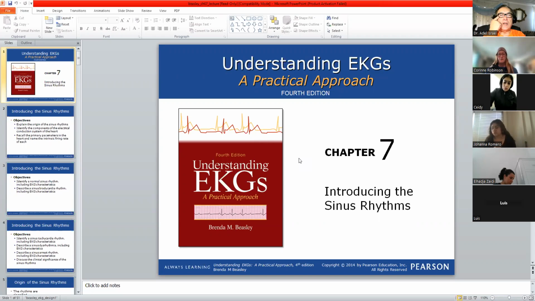So these are all the criteria of the QRS. If you find anything not like this, this means the QRS is called wide, not narrow, like less than 3 small boxes. We call it wide. This is a problem, or something wrong with the ventricle. So this is very easy.